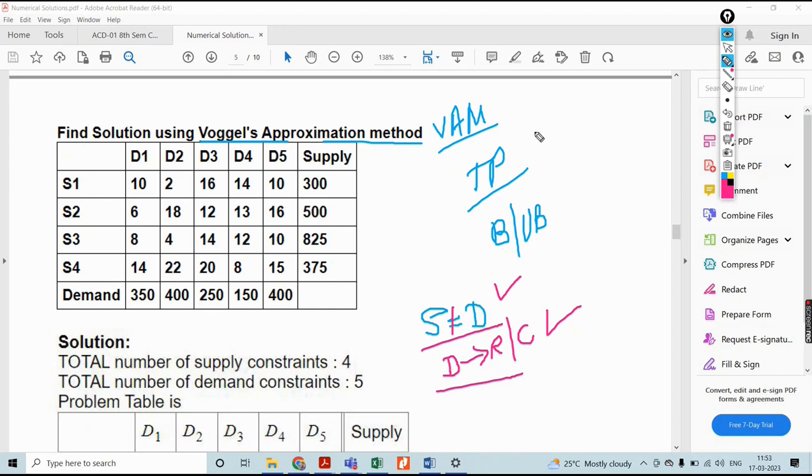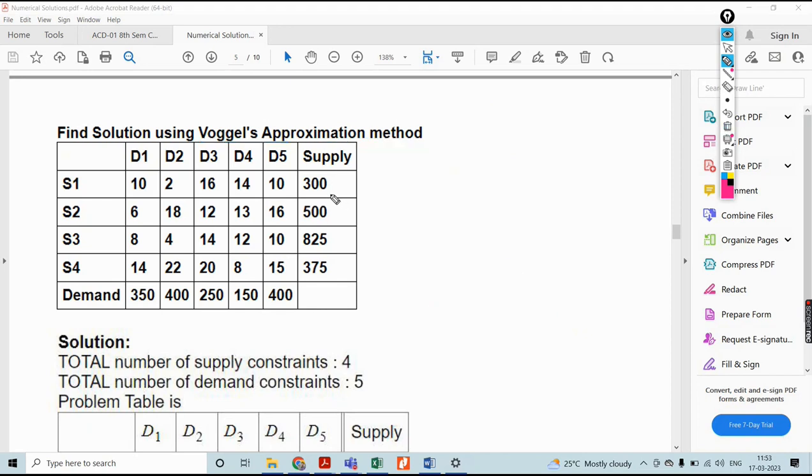With respect to this numerical, we can add 300 plus 500, then plus 825 plus 375. How much is it? It will become 2000. So 300 plus 500 plus 825 plus 375 is 2000.